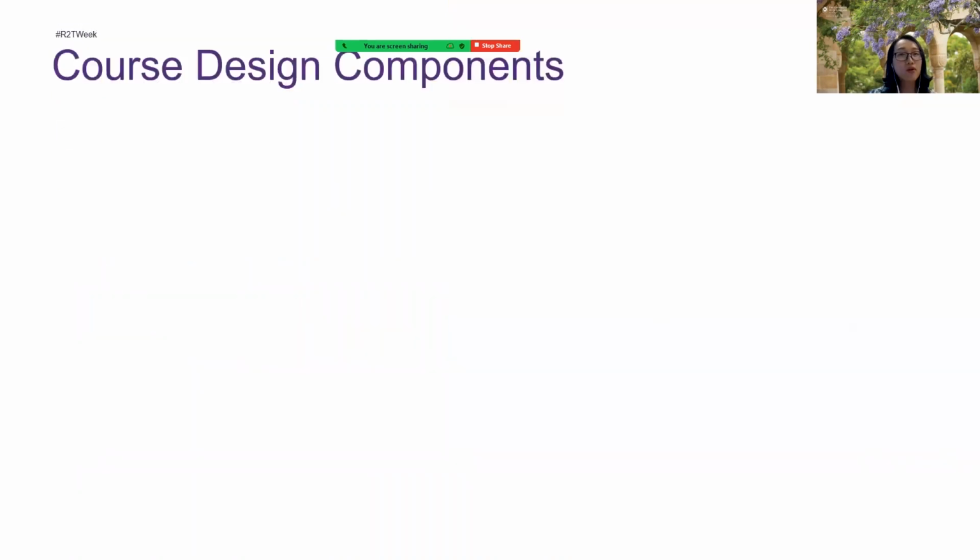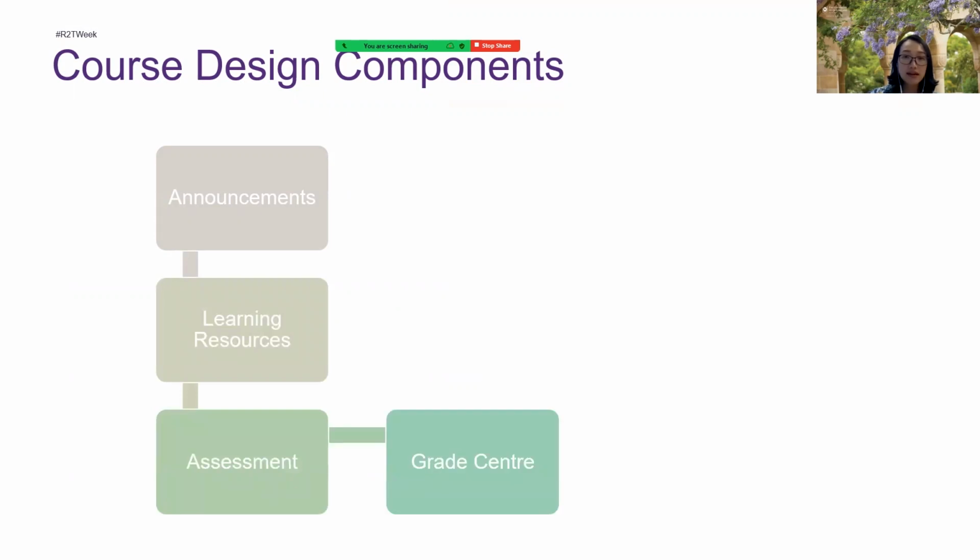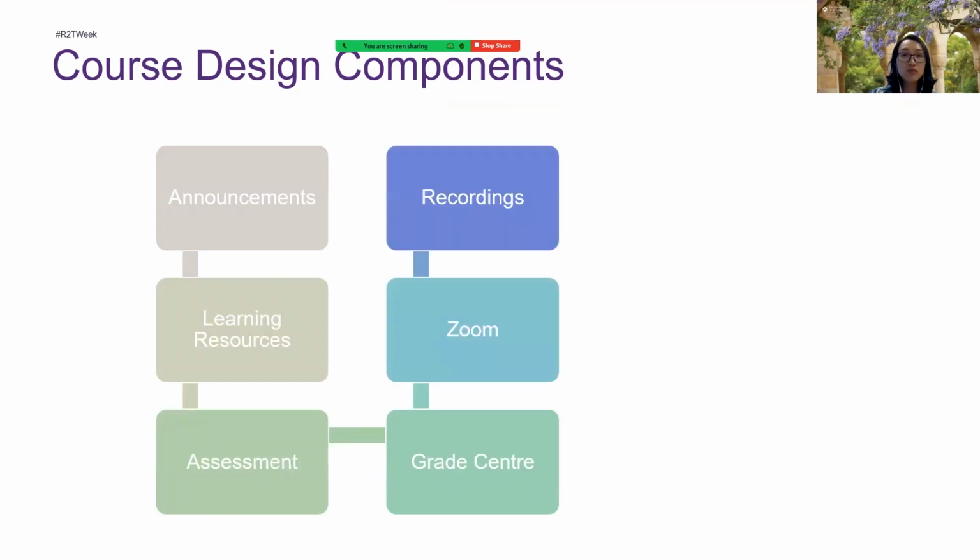Let's talk a bit about the course design components. At UQ, we use Blackboard as our learning management system. You know that there are announcement sections in the course menu, learning resources, assessment, grade center, Zoom, and recording. These are the core components in the course design.